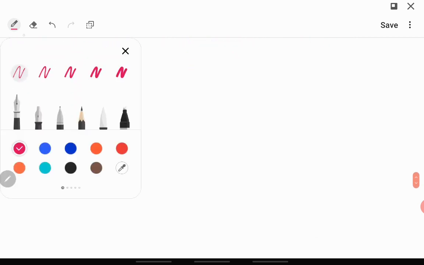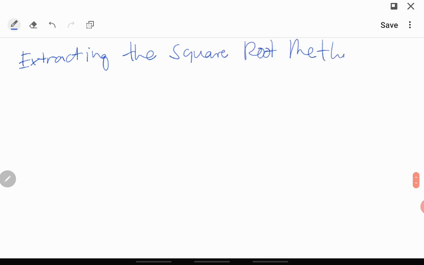Okay, what is an example of that? Okay, so let's have our example for extracting square root. Extracting the square root method. So, solve. Okay, usually, the question must start with the word solve or find the values of the variables.